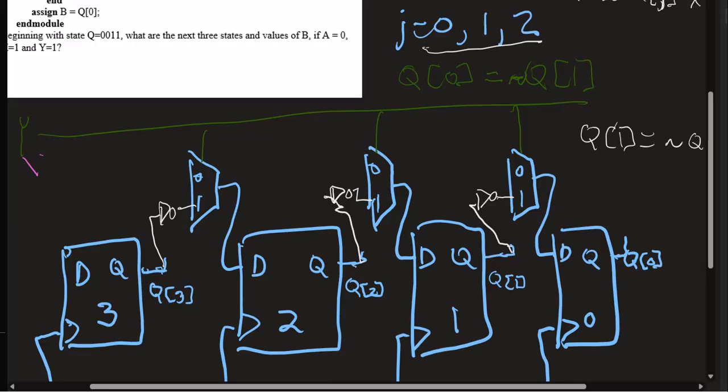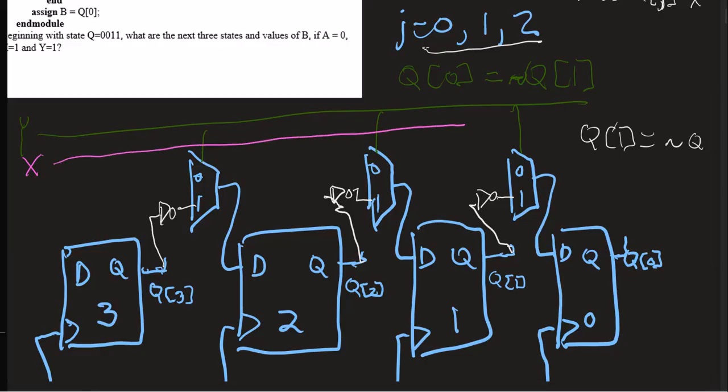I'll have x right here. And I'm going to have the AND of Q1 and X going into the 0 of the multiplexer for Q0. The AND of X and Q2 going into Q1. And the AND of Q3 and X going into Q2.